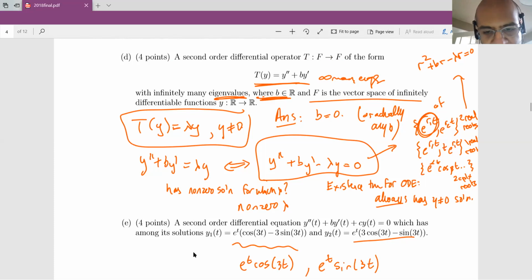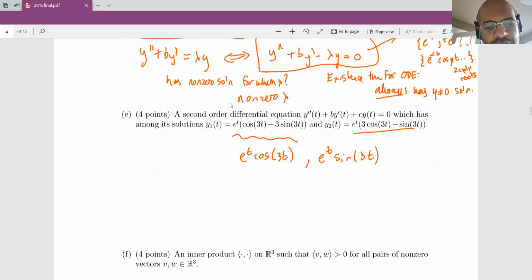What I gave you wasn't the usual basis of solutions. I gave you some linear combinations of them. So the first thing you have to observe is that if these are in the solutions, then by taking linear combinations, I can also get these other two.